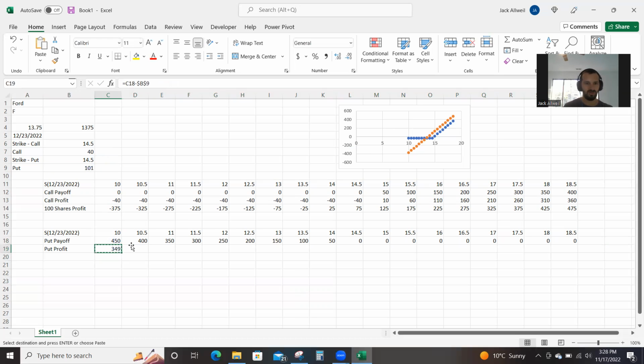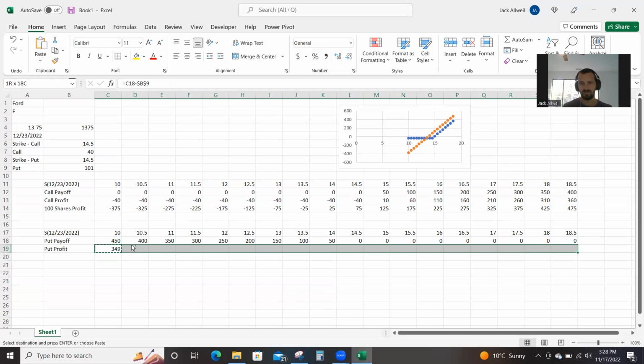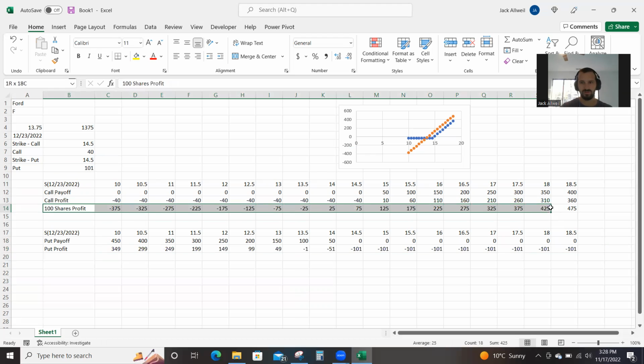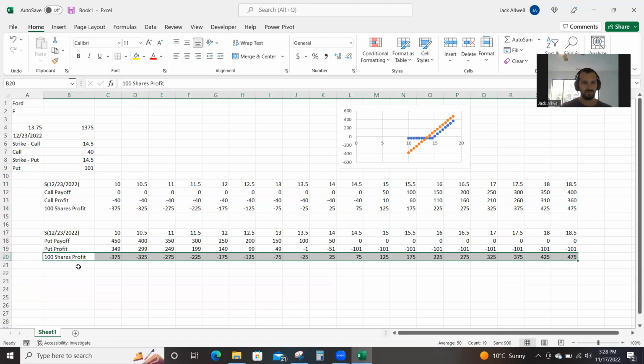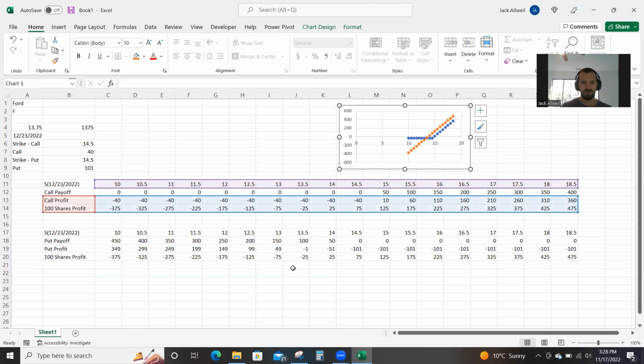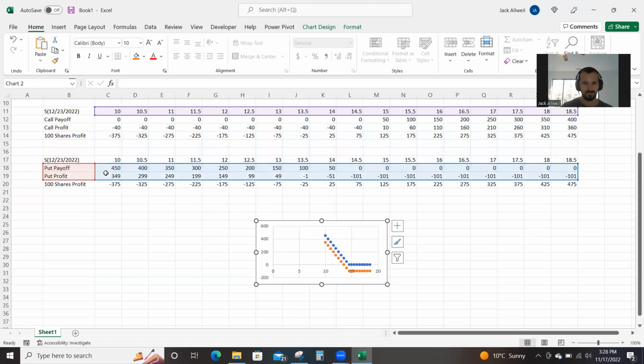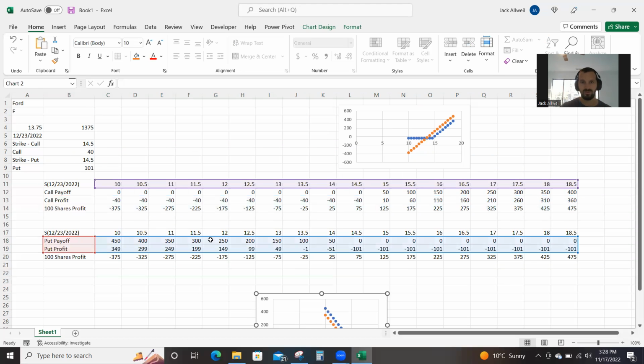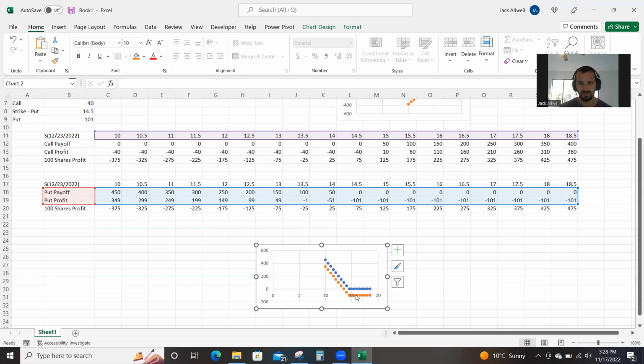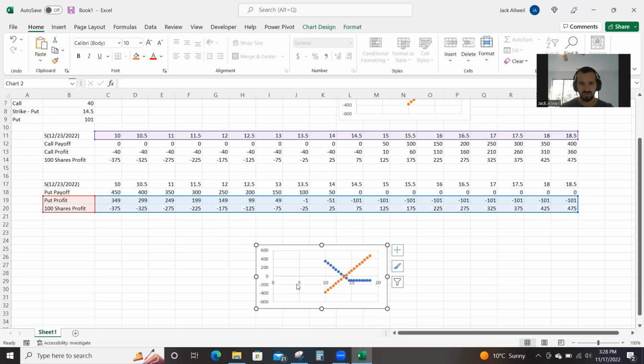This is the cost to enter the put. Here we'll put this once again. So you can see this is the put payoff. Once it hits 14.50, it starts going up. When it goes down, this is the profit. We just shift that down by $101 to contrast it with the shares.